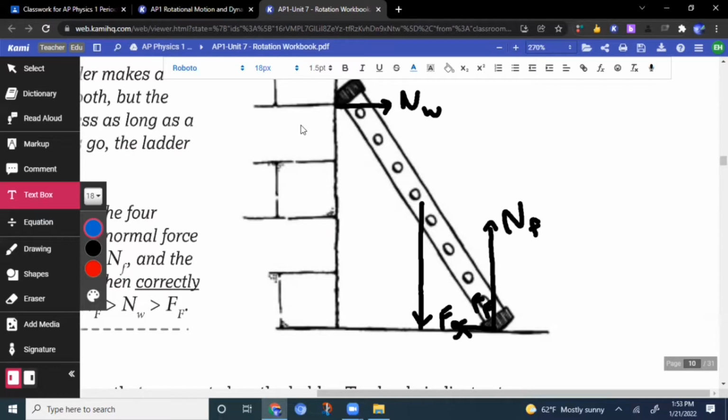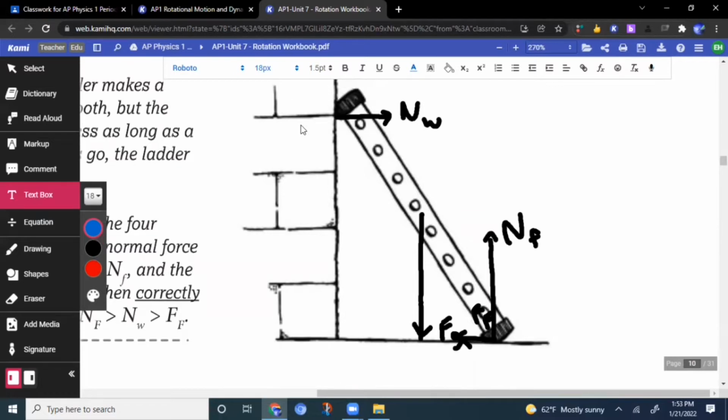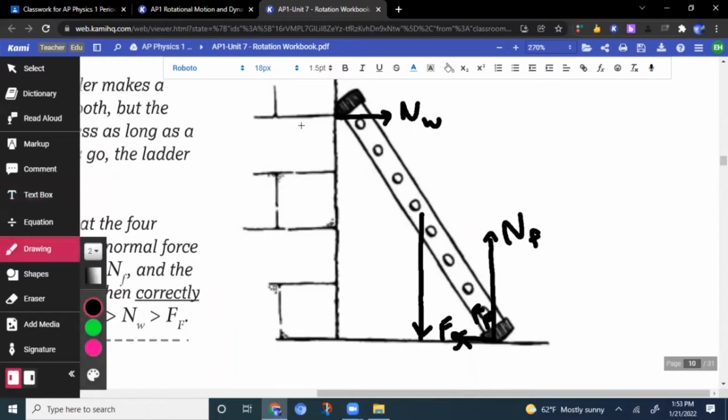What is the torque equal to at the point of rotation? This was emphasized a lot in the videos. Hopefully you've watched the videos by now. Torque is equal to a perpendicular force times distance, right?